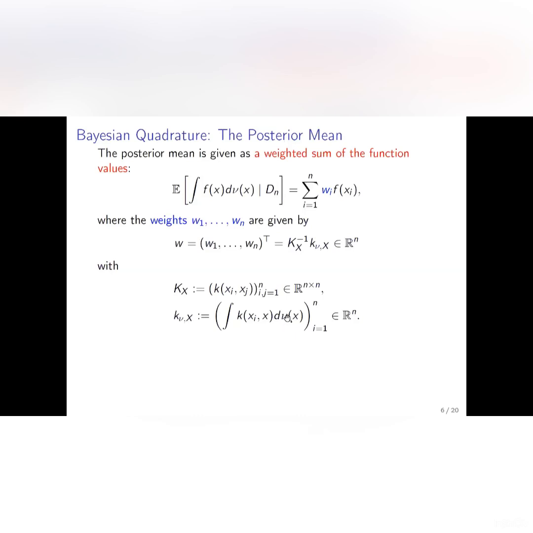But if you use a kind of Stein kernel, then this may not be a problem. Anyway, if the kernel is Gaussian and nu is Gaussian, then you can obtain this expression analytically. Again, D_n here is the observed data, and the kernel is the covariance kernel of the prior.